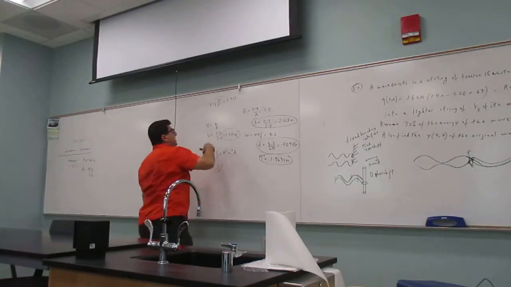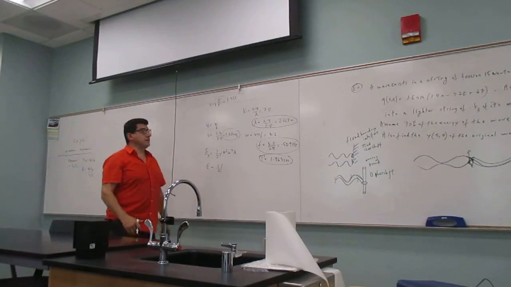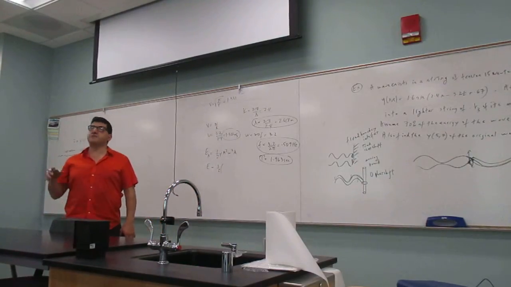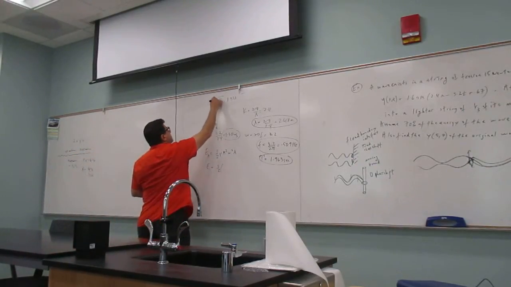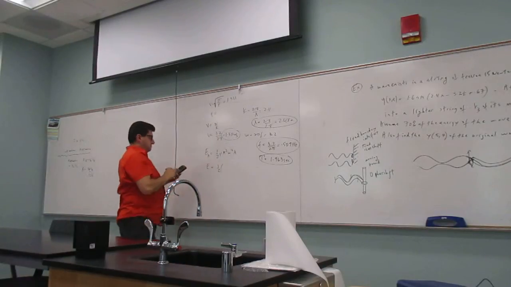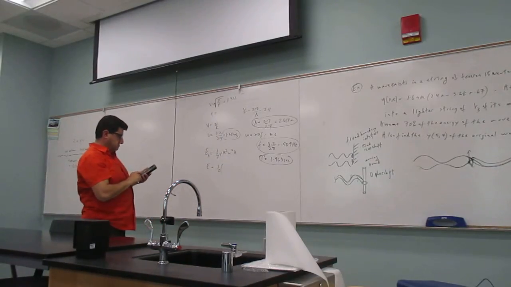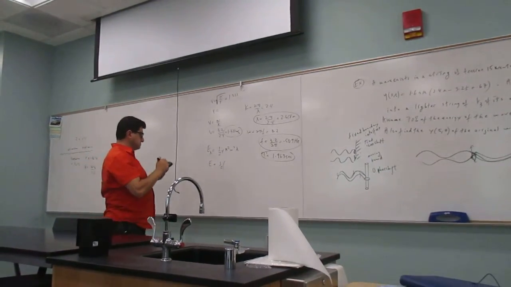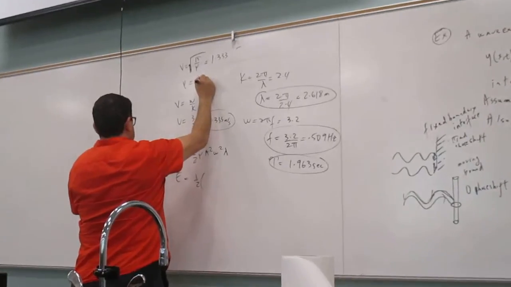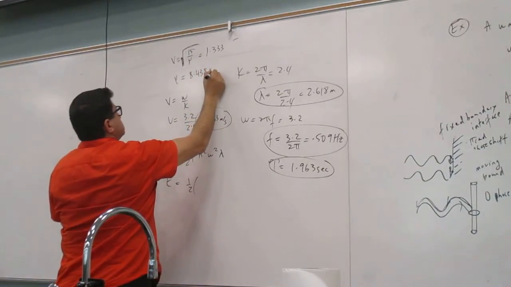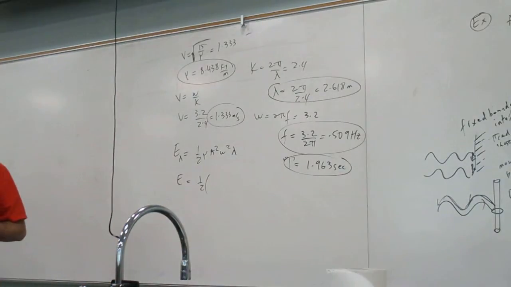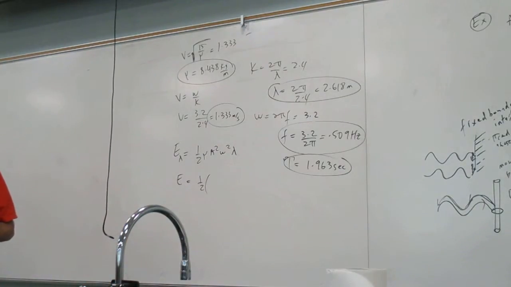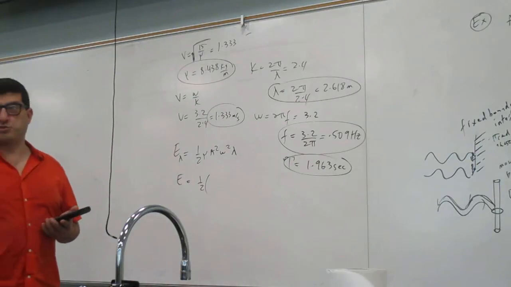So square both sides and then divide 15 by the square of 1.33. That's going to give you the mass density of the string. 8.438 kilograms per meter. That's a pretty thick string. That's like a huge, thick rope.